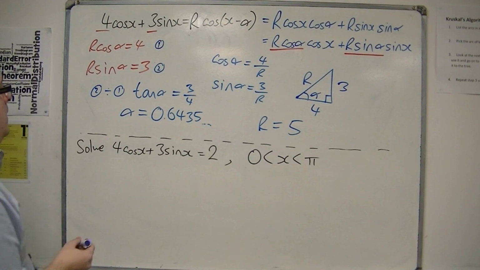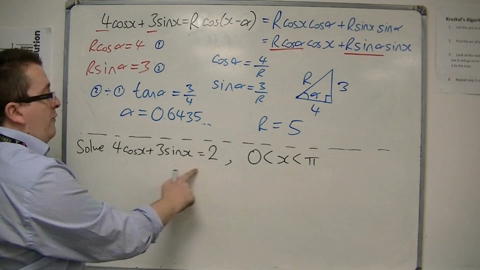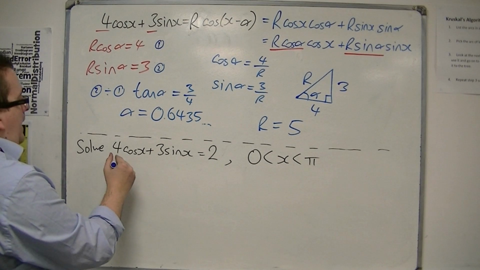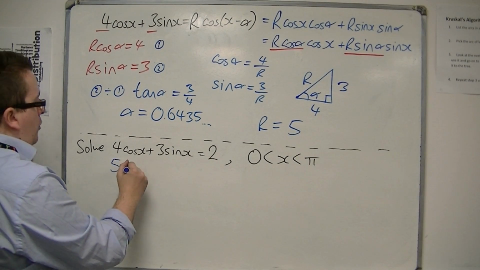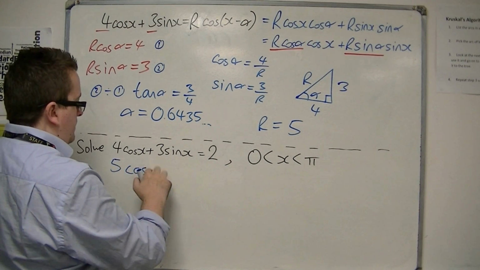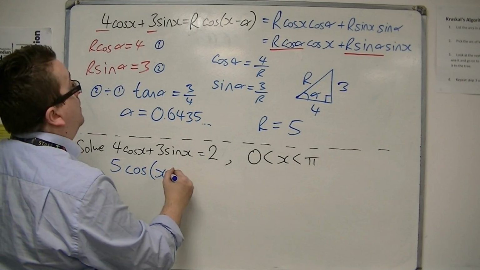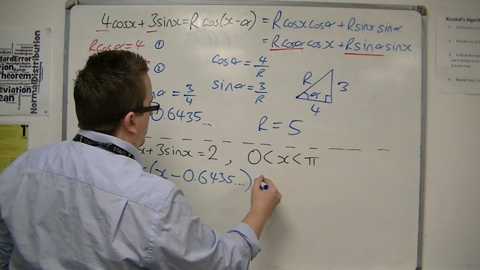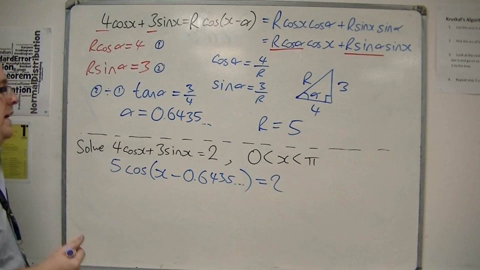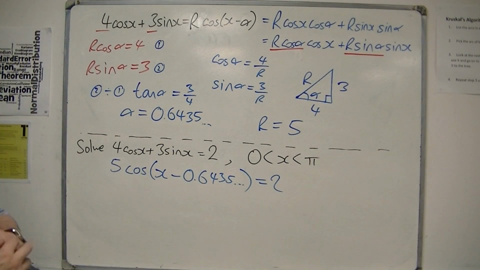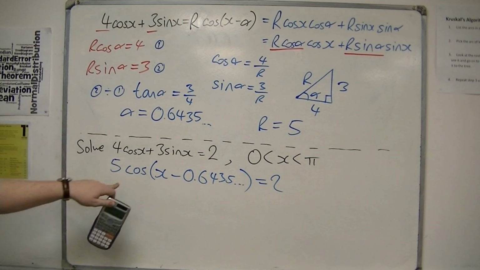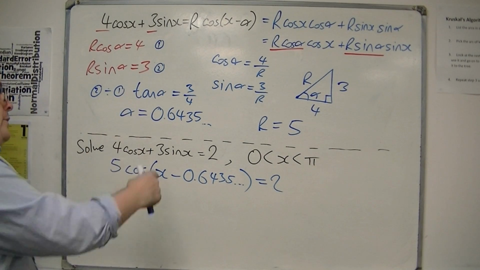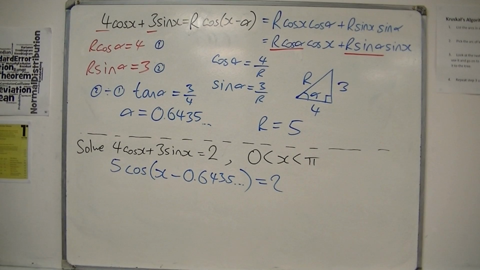So I can rewrite the left-hand side of this equation as 5 cos (x minus 0.6435), and I'm wanting that to be equal to 2. That is why we do this first part, in order to allow us to solve the second part.